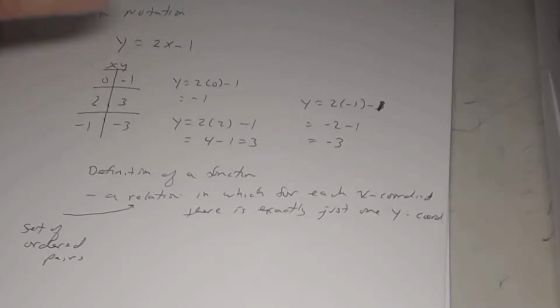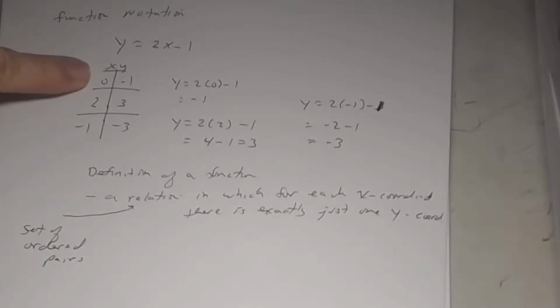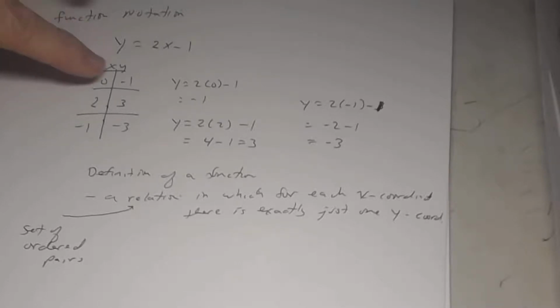So this relation right here that I'm pointing to, y equals 2x minus 1, you agree that's a relation, right? Why is it a relation? Because it's a set of ordered pairs. You have an infinite set of ordered pairs here: 0, negative 1; 2, 3; negative 1, negative 3; and so on. The question is, is it a function? Yes, because for each of these x's, you only see what?